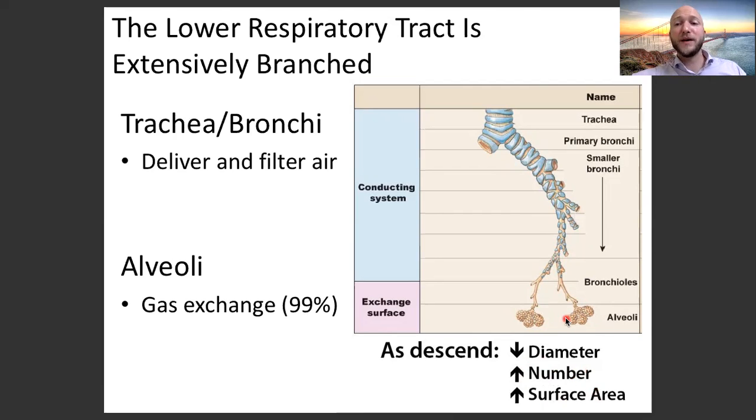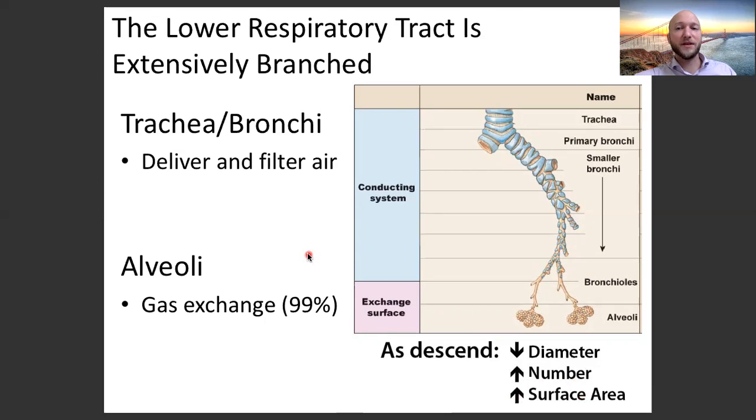And if you remember back to test 1, Fick's law, surface area and rate of flux, the rate at which something can move across the membrane, are related. You increase surface area, you increase flux. So form and function going hand in hand again.